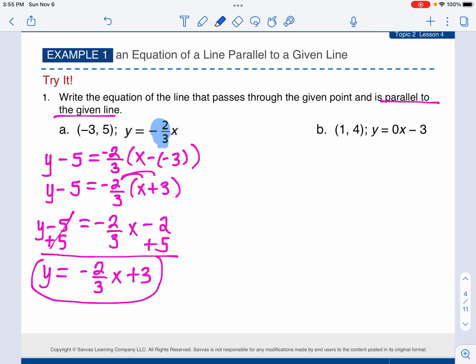All right, the second problem is a little tricky because you have a slope of 0. So to start writing the equation, y minus 4 is going to equal 0 times (x minus 1). Distribute on the right, you end up with 0x minus 0, which is just 0.